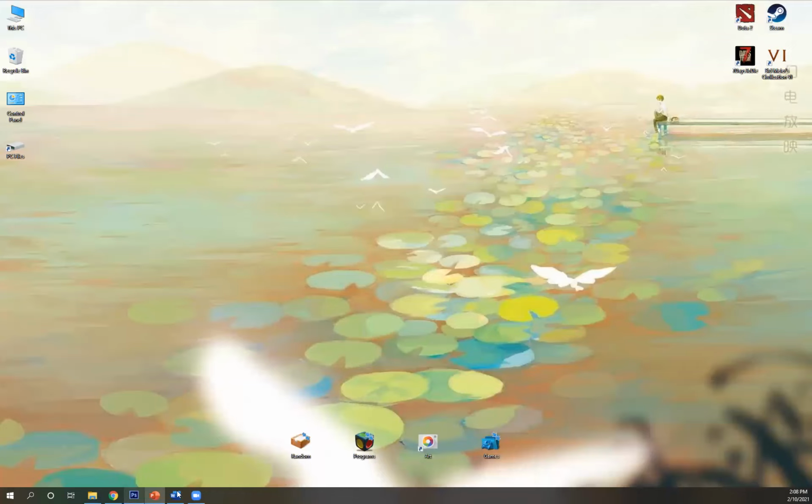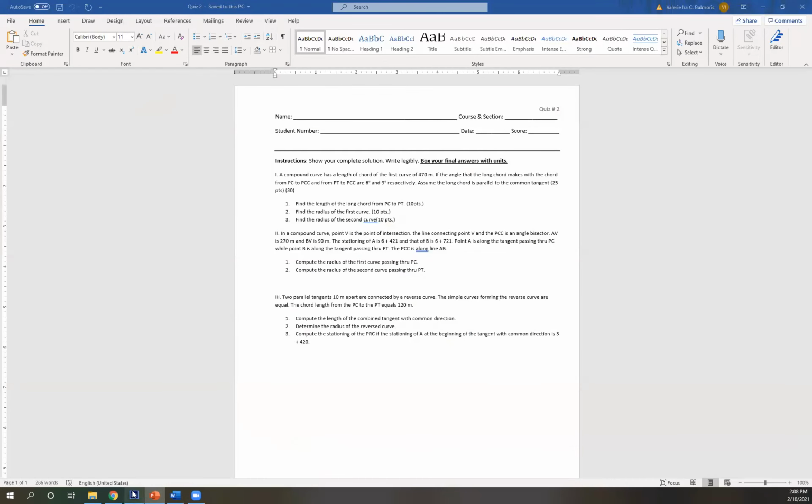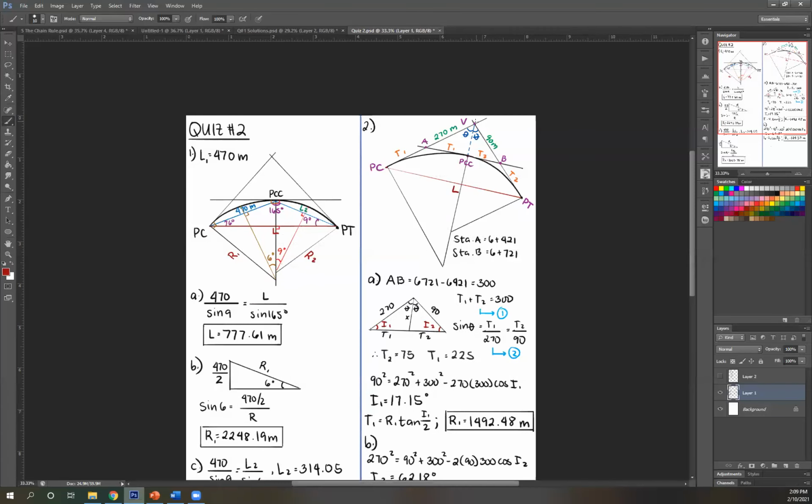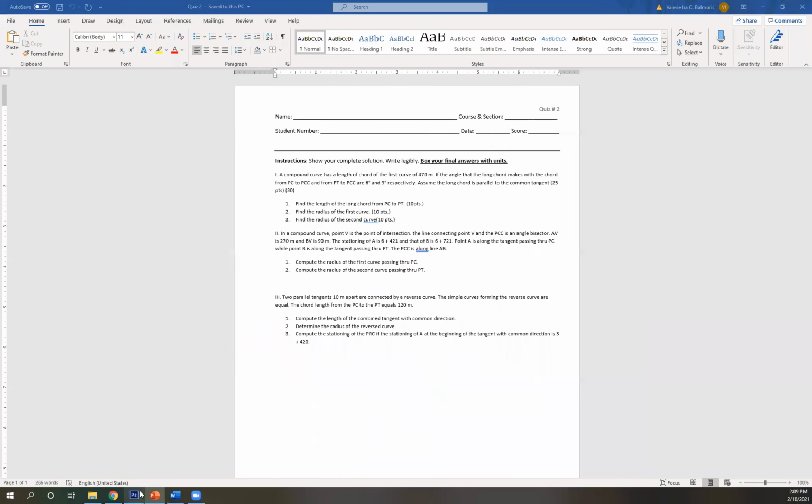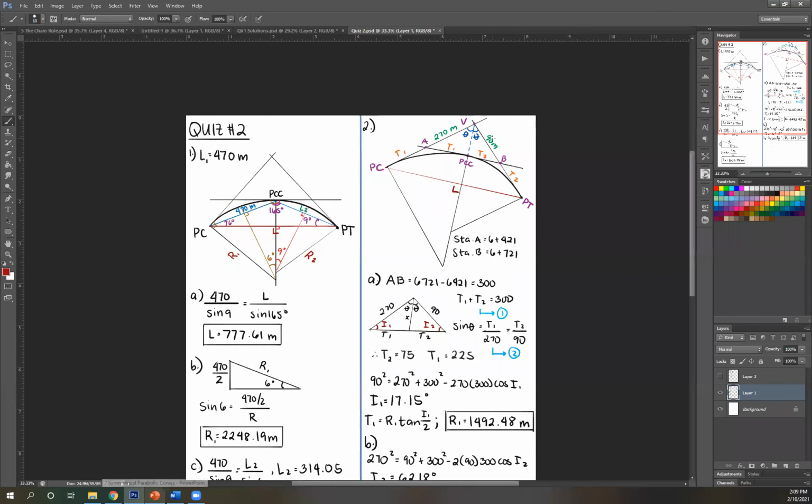Next, BV is 90. So B to V, that's 90. So 90 and 270. Next, the stationing of A is 6 plus 421 and B is 6 plus 721. So you have the stationing of A and B given.